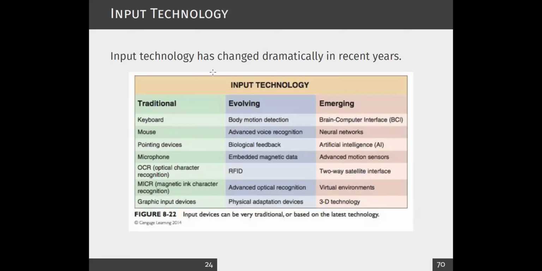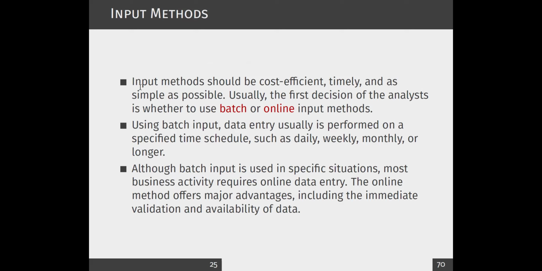Right. Input methods, again, you have to make it cost efficient. For example, sometimes when you input, you can make it online. What do you mean by online? So as soon as you enter, it will get recorded. Or maybe you can delay and then you can do it batch-wise, right? So if you use online, it will happen all the time.